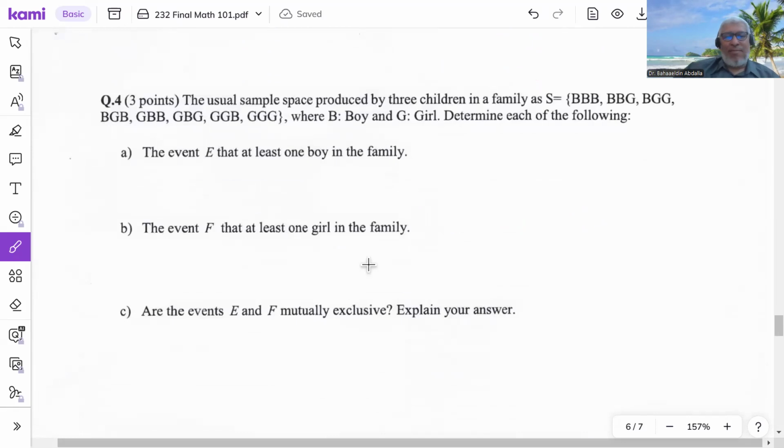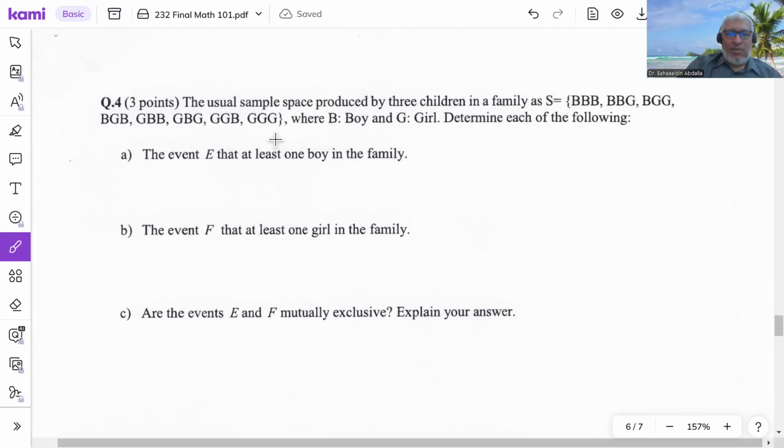The usual sample space produced by 3 children in a family, okay, so he gave me the sample space. 3 children in a family, eight outcomes.